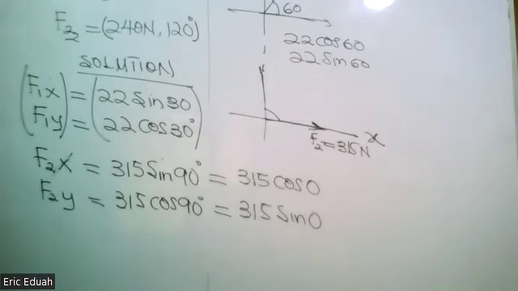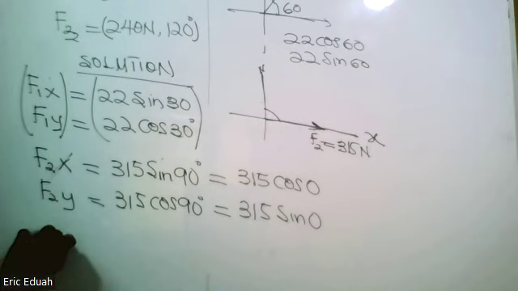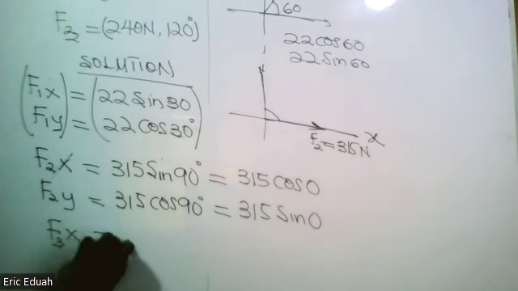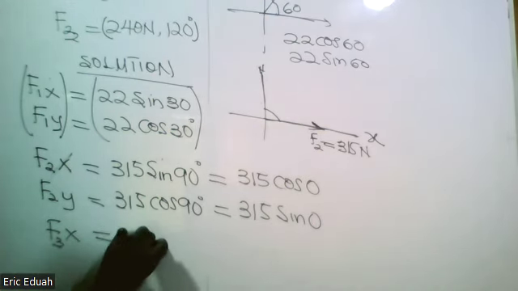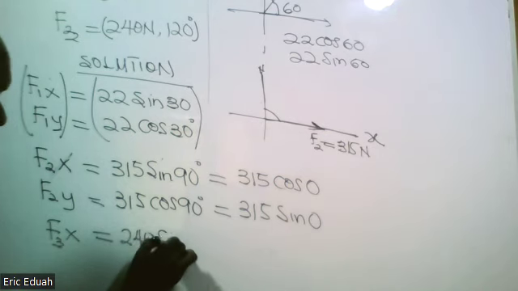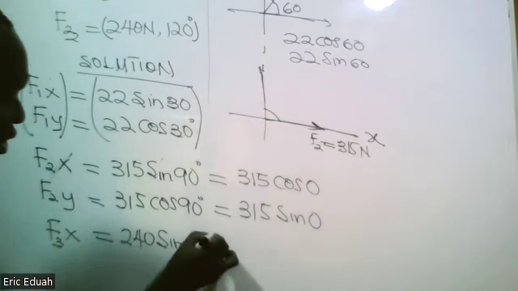Okay, so let's resolve F3. F3x is equal to 240 sine 120 degrees.